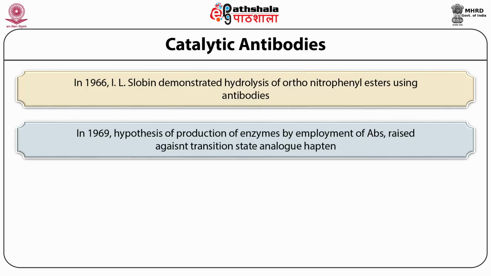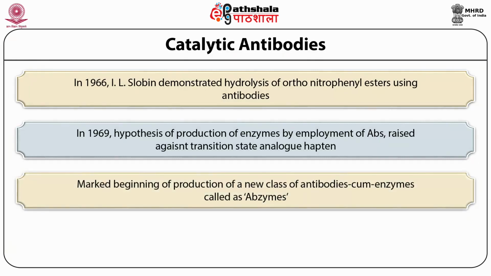So one has to identify a hapten small molecule which resembles the transition state of the reactant, which is to be converted into a product, and an antibody raised against such a mimicking hapten can produce antibodies which function as enzymes for such a reaction. Now, this marked the beginning of production of a new class of antibodies cum enzymes, and the name given was abzymes.